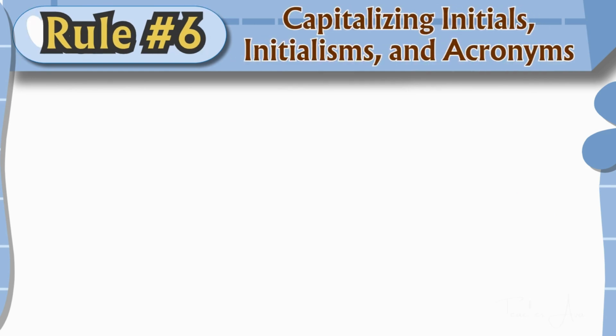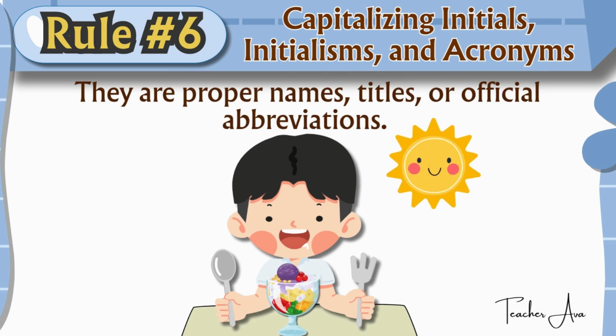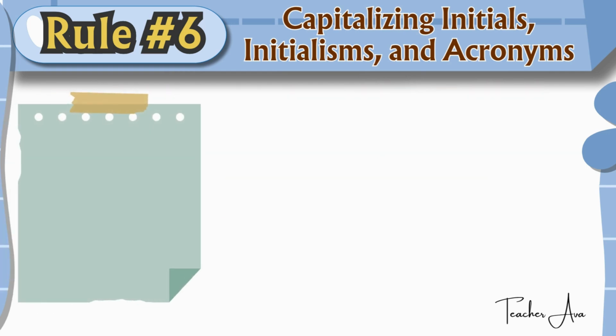Okay, class, let's go to rule number 6, capitalizing initials, initialisms, and acronyms. That sounds like a mouthful, but don't worry, we'll make it as easy as eating halo-halo on a hot day. What are initials? Initials are the first letters of a person's name.